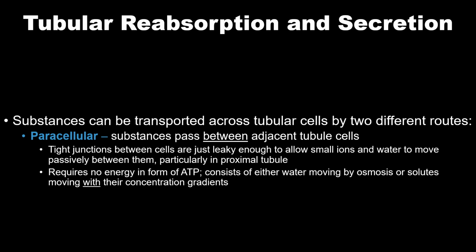And if we're talking about the transcellular route, substances like glucose and amino acids have to be transported across tubular membranes. A reabsorbed substance first crosses the apical membrane of the tubular cell, the one facing the lumen. Then it travels through the cytosol and exits the cell through the basolateral membrane, the side facing the interstitial fluid.